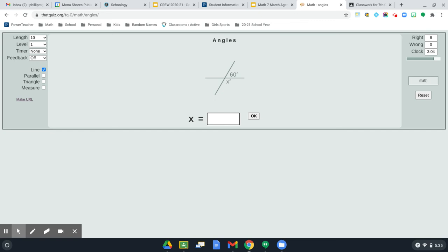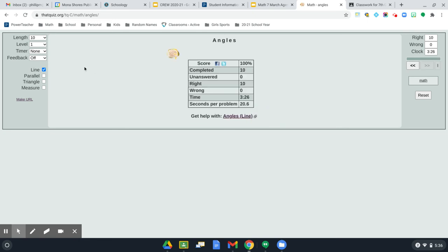On the screen again here, it's going back to supplementary. Over here on the right, these two adjacent angles put together give you that straight line. So I'm missing 120 there. 120 plus 60 gives me 180. One more for this level, vertical. So X is 60. Just be careful, right? Take your time, really look at those.